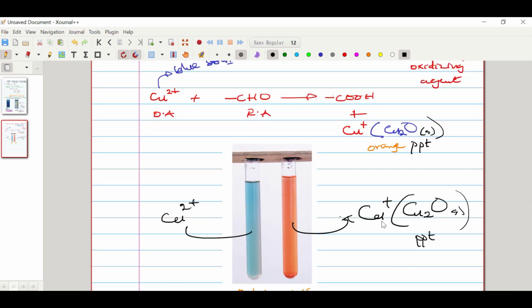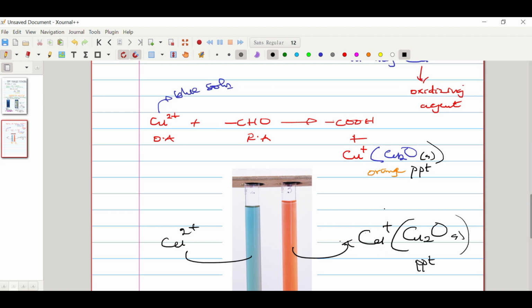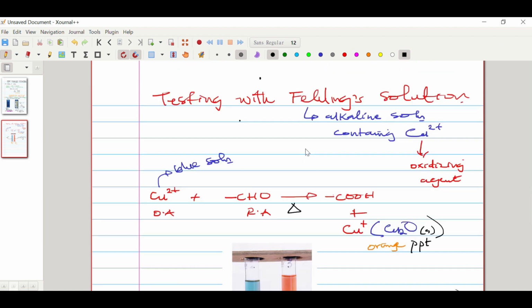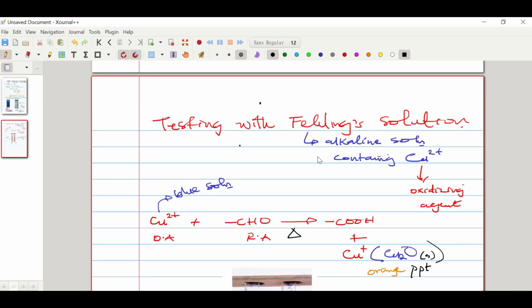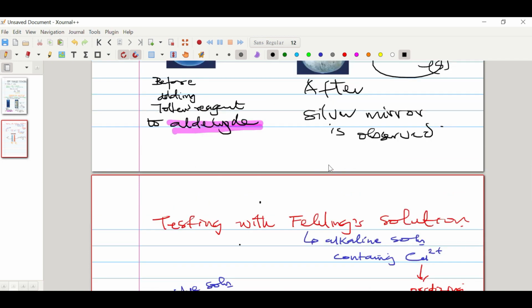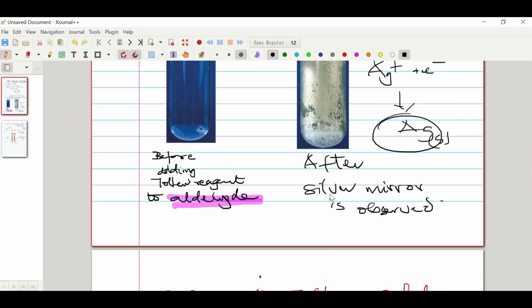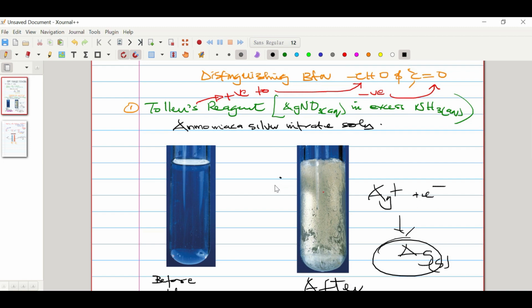So we are supposed to warm this solution. I would say warming; this is a sign of heat. So this reaction is positive only to aldehyde. It is negative to carboxylic acid, just like what we have up here.